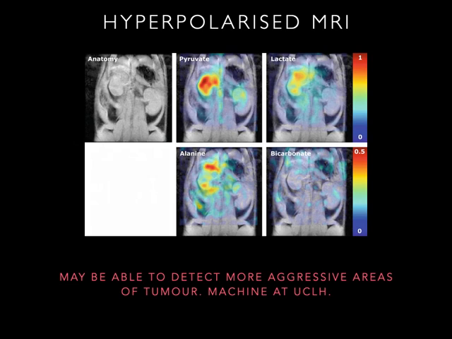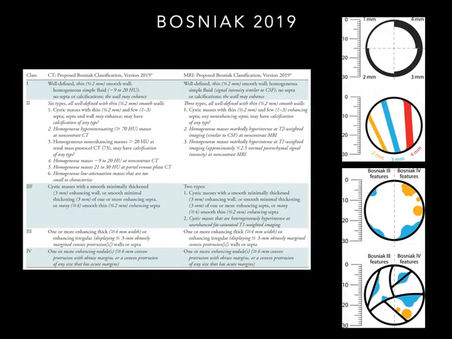The truth is, when you talk about the most important development in the last 2-3 years in terms of imaging, it's actually not a new modality. It's the Bosniak 2019 guidelines. We've adopted them in our MDT, switched from the old guidelines to this, and it's made a big difference.